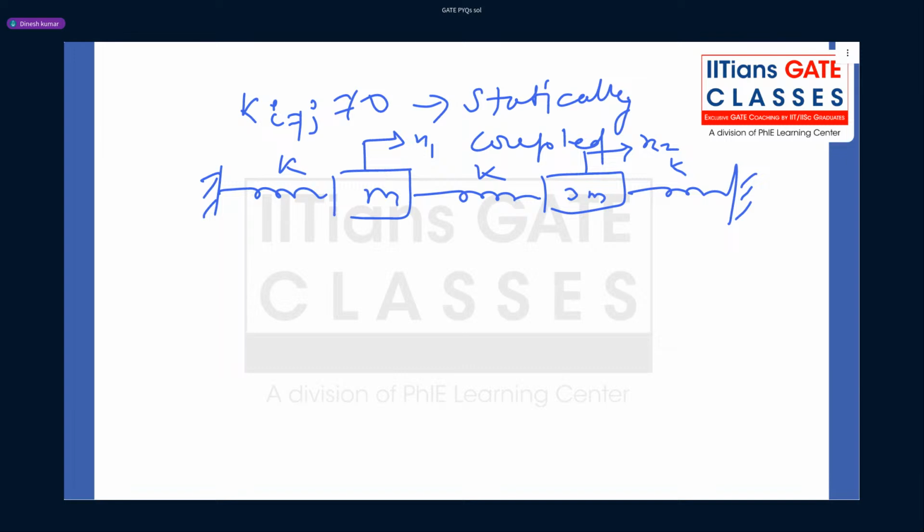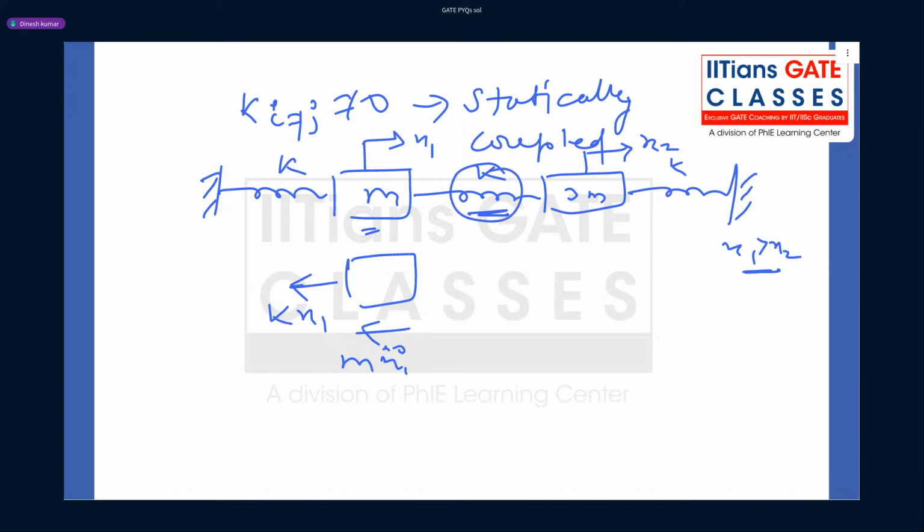Now first see the free body of this mass, and we are considering x1 is greater than x2. What all forces will it have here? It will have kx1, then the inertia force, M x1 double dot. And in this spring, if x1 is greater than x2, this will get compressed, so there will be an opposite force, which will be k (x1 minus x2).